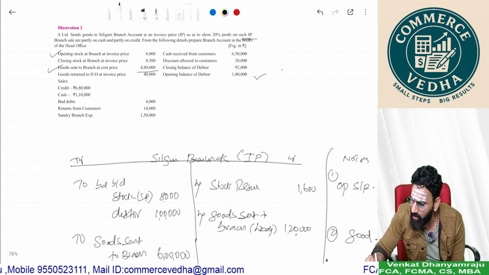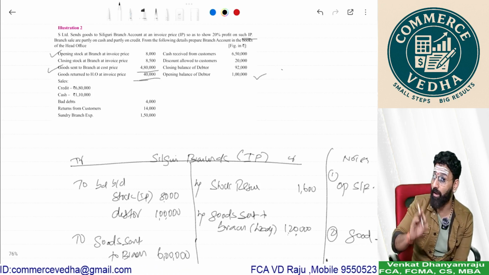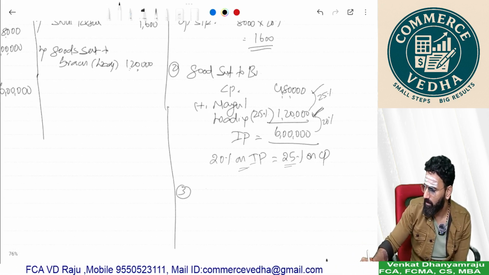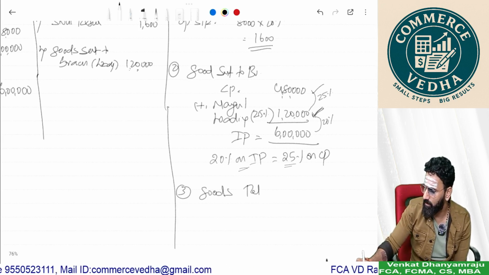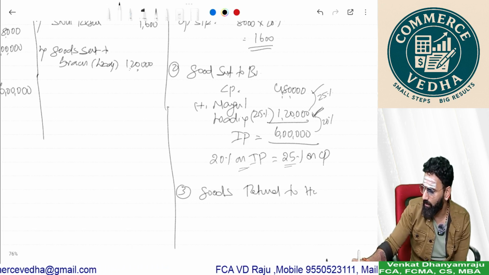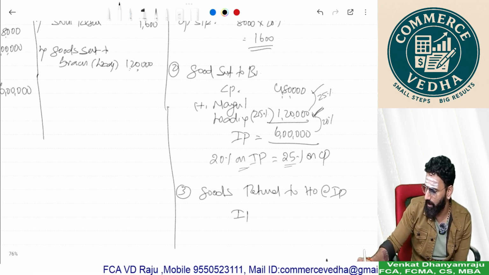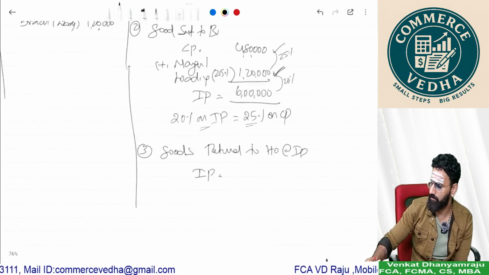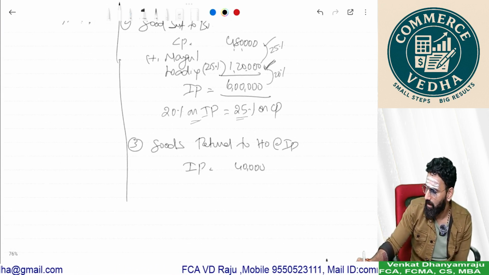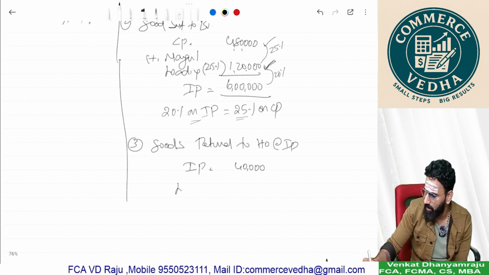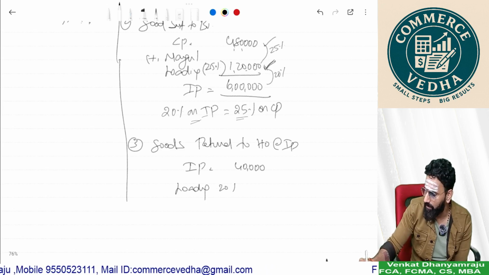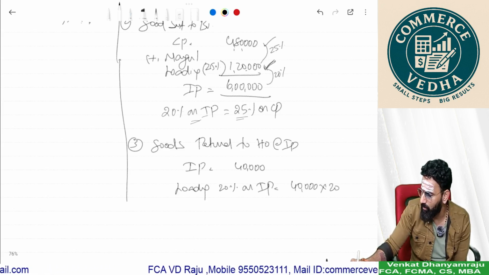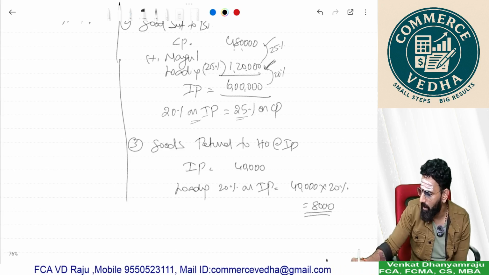Now goods returned to HO at invoice price. Goods returned to head office at invoice price. So invoice price is how much? 40,000. Directly invoice price is given. So loading is 20% on invoice price, that is 40,000 into 20%, 8,000.